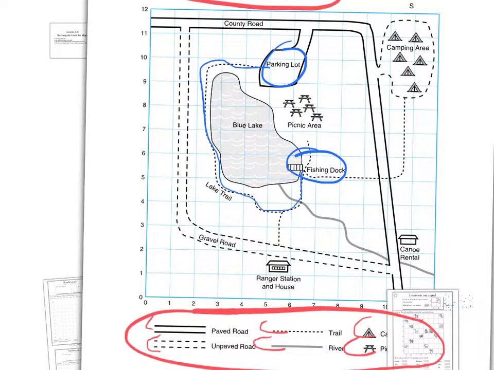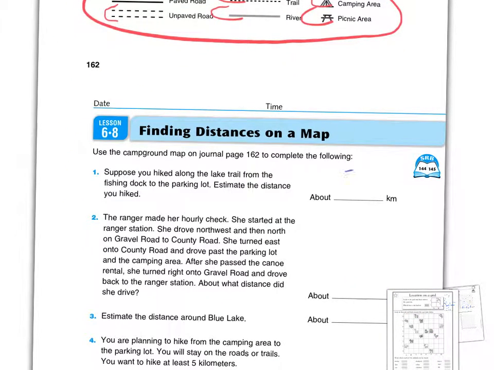If you hiked it to the parking lot, you would cover about 11 of these, and 11 times 2 would be 22, and make sure you put the decimal in the right spot. That would be 2.2 kilometers. So it's about 2 kilometers. You could add them up as you went along: 0.2, 0.4, 0.6, 0.8, 1, 1.2, 1.4, 1.6, 1.8, 2.